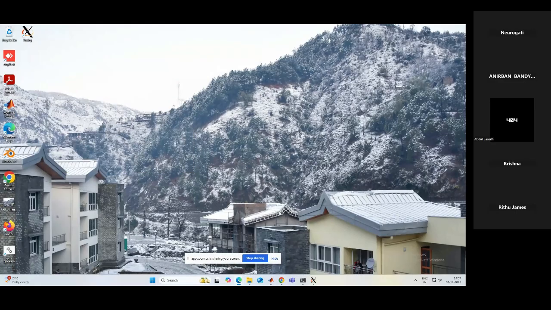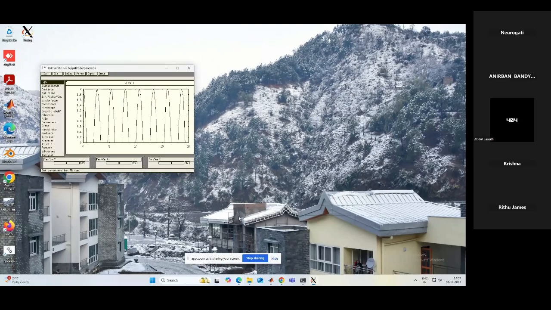Then I have no idea why it's not opening. Sometimes it happens. It just says failed to open X display. Then I think you have to re-download Xming. They have the latest versions also. Download the latest version and I hope it will work for you. Okay, sir, I'll check. Just a moment. Thank you.